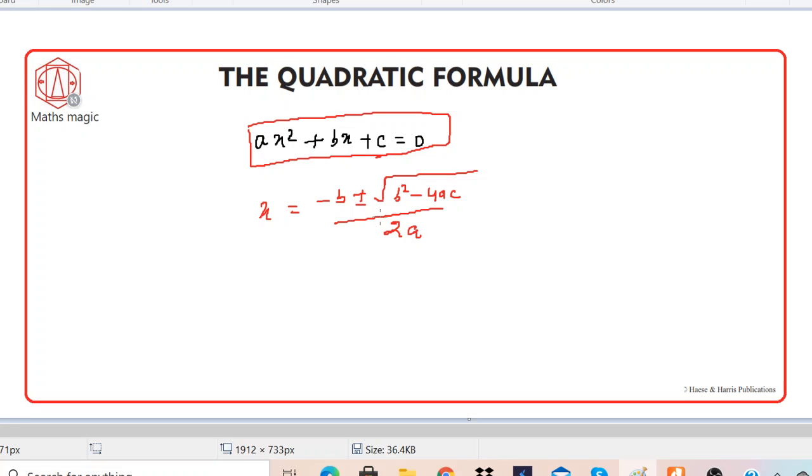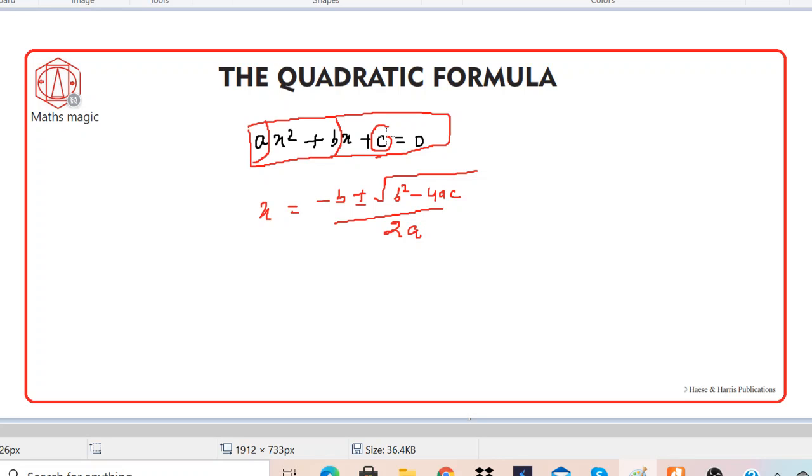Okay, over here, what these b, a, c are, you can see the coefficient of x square is a, coefficient of x is b, and c is the constant term at the end. So if you have any expression, you can extract their coefficient and constant terms and you can use this formula to find the answers.